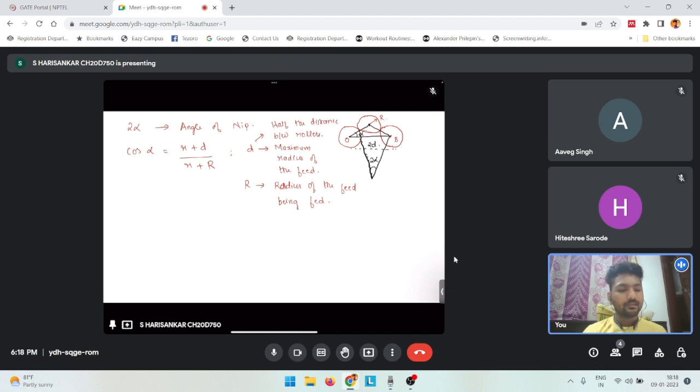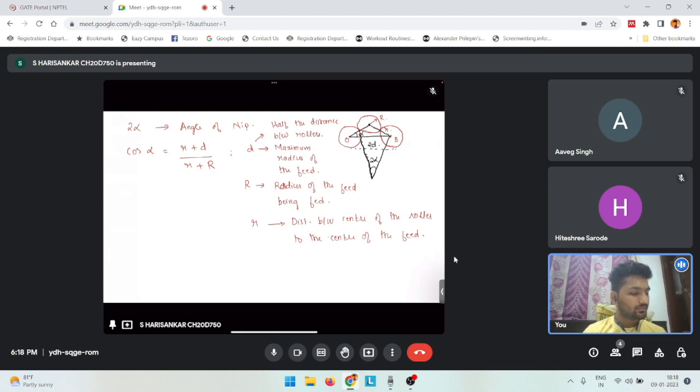Capital R is the radius of the feed that you are feeding, and the small r is the distance from the center of the roller to the center of the feed.